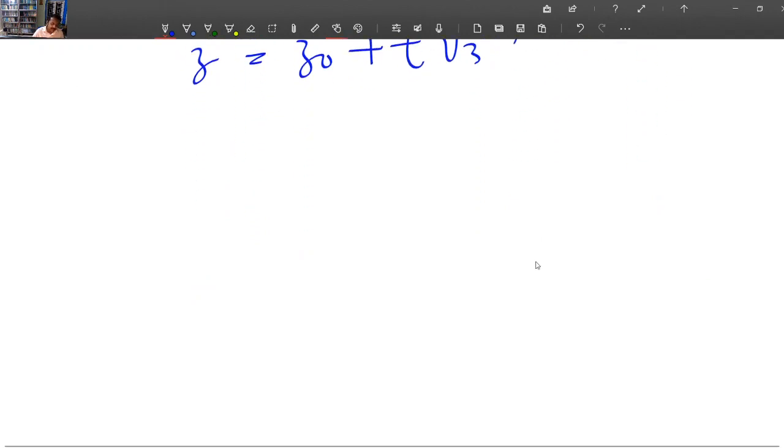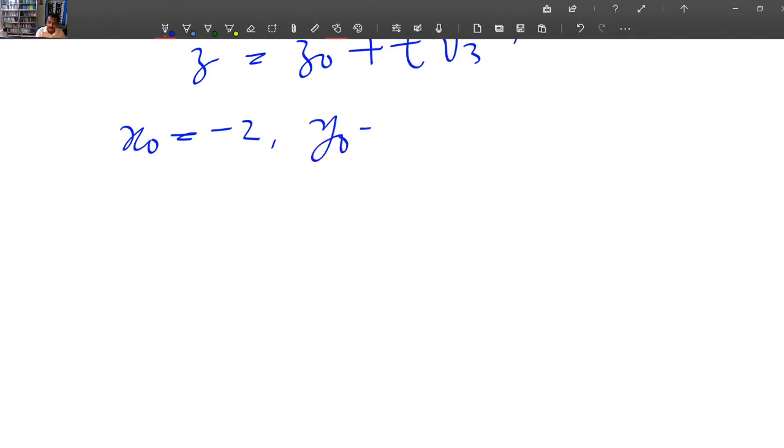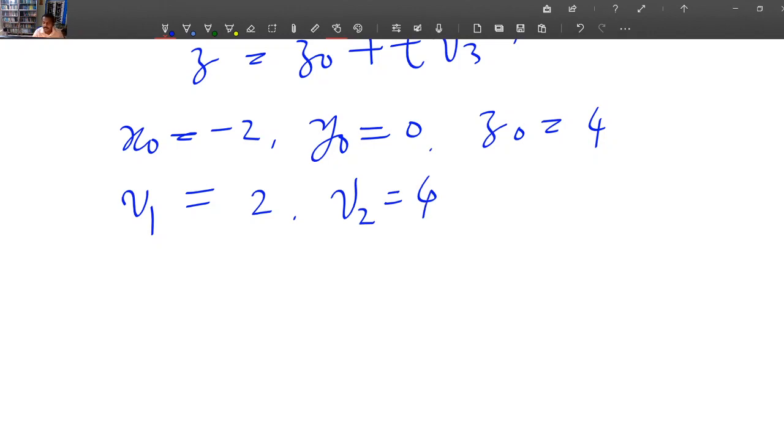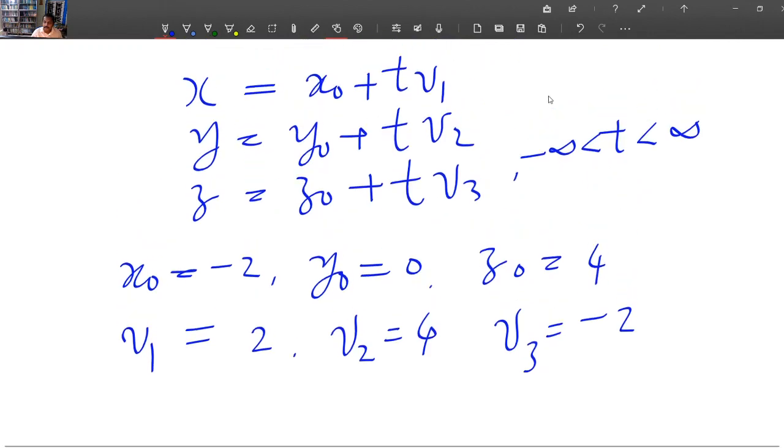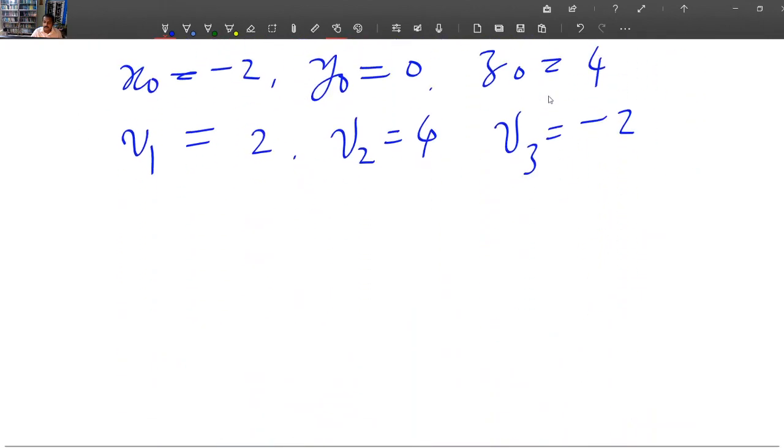So x naught equal to minus 2, y naught equal to 0, and z naught equal to 4, and you are given v1 equal to 2, v2 equal to 4 and v3 equal to minus 2. So these things are given.